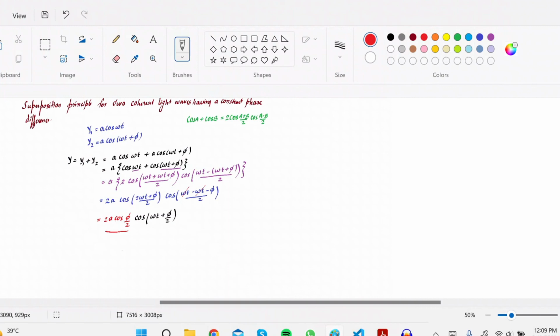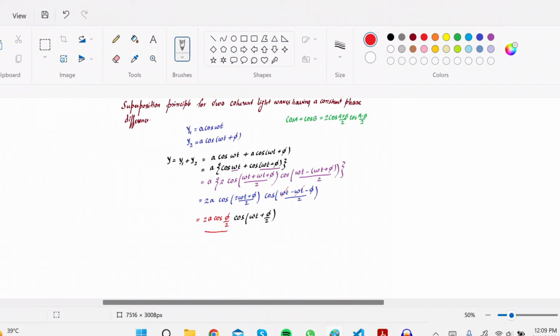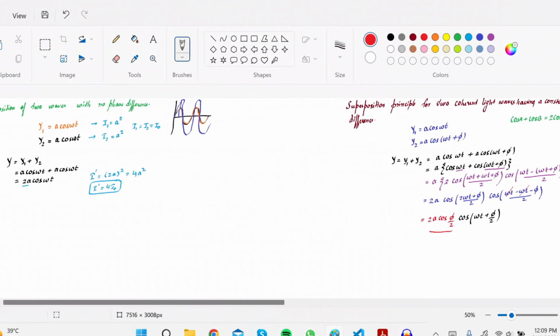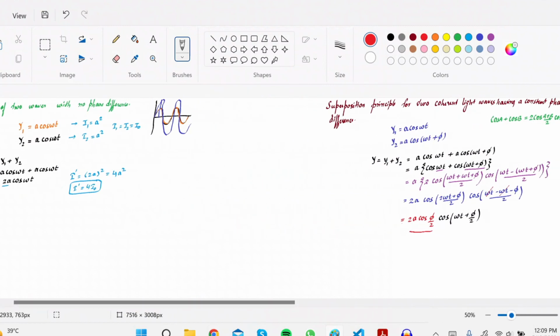Sir, why do we trust you? Because if there is no phase difference, if we go back to our initial derivation, this is the first case, for no phase difference, what we have solved in the first case. Phi will be equal to 0 in that case, and y will be what? 2a cos (0 upon 2) cos (omega t plus phi by 2).